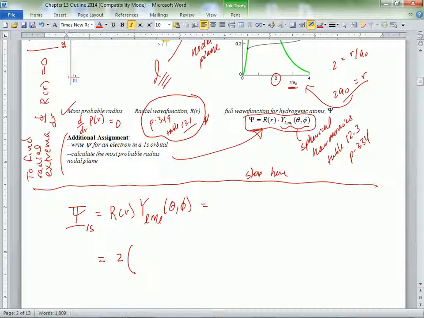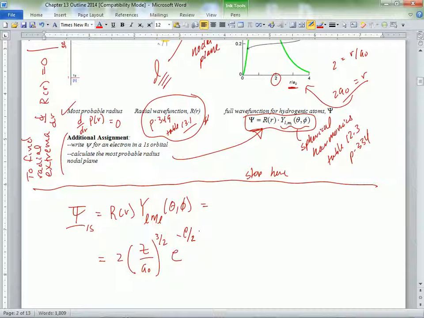2 times Z over a naught. Now, what's Z again? Atomic number. e to the negative rho over 2. Now, this is where it would be good for you to have your book, so you don't depend on trying to read my Greek.